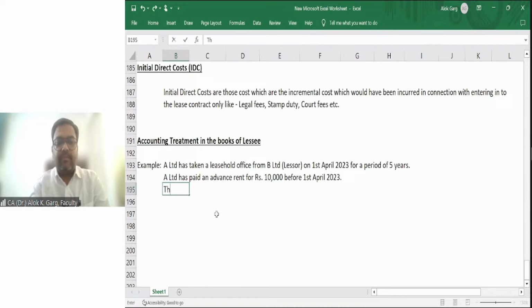The remaining rent A Limited will pay as follows, after 1st April 2023.